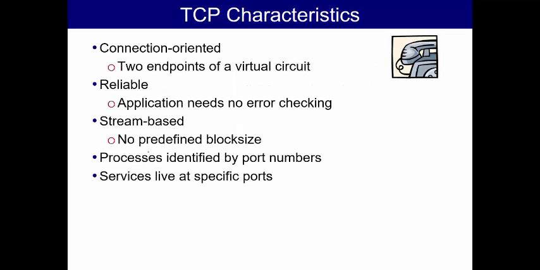On the other hand, TCP has a connection. It's not a physical connection, but anyway, there is a connection. Two points are connected, so we say that it's connection based. The application doesn't need to do error checking, because the TCP protocol itself handles the error, which is good, right?